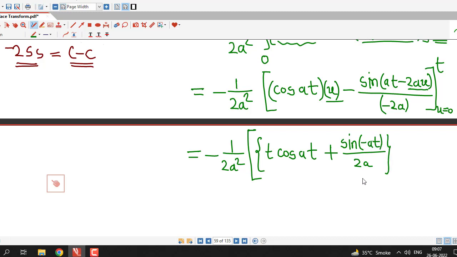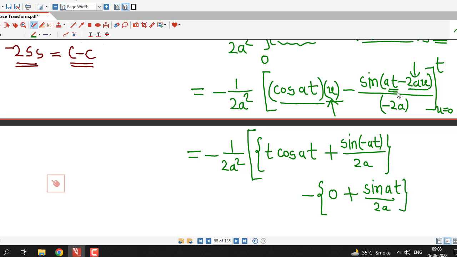This is for u equal to t, minus we take u equal to 0. So because u is in the product, this term will be 0, and if we take u equal to 0 here, we will have sine at and this negative positive, so plus sine at divided by 2a. For u equal to 0, this is going to be sine at minus 0.